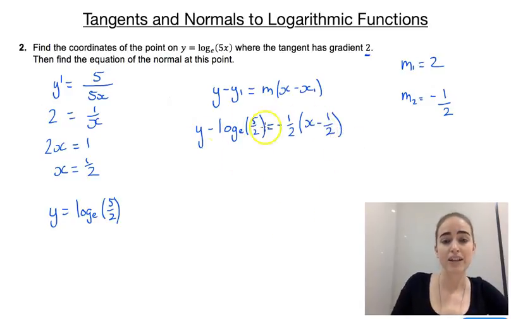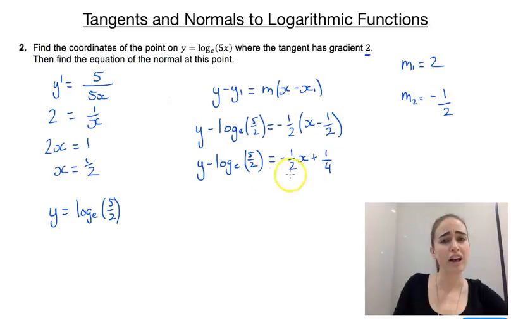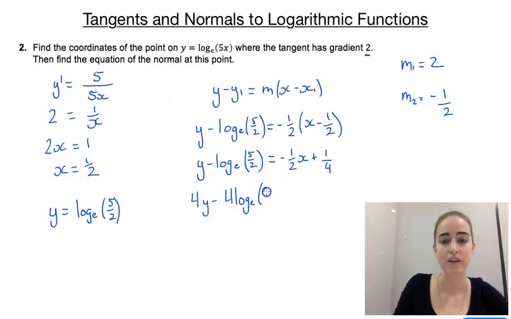So expanding that out, we'd have y minus log to the base e of 5 over 2 equals minus a half x plus a quarter. Now I don't like working with fractions, so I'm going to multiply everything by 4 to get rid of that. So we'd have 4y minus 4 log to the base e of 5 over 2 equals minus 2x plus 1.